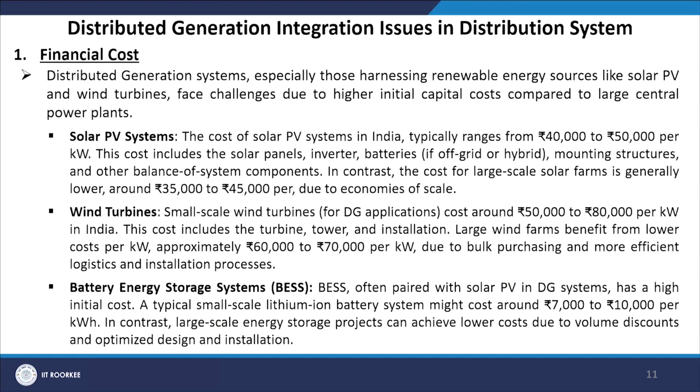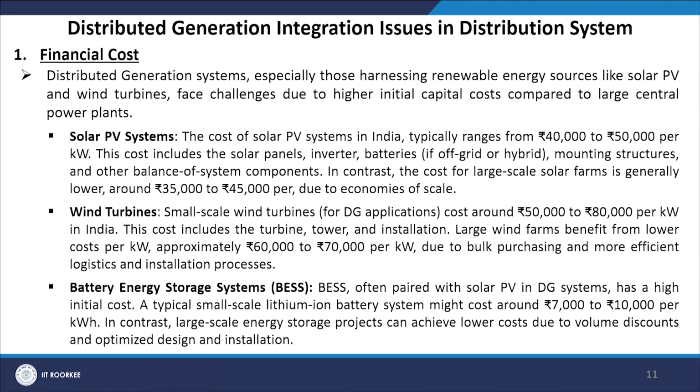In most cases, anything which is available to you through a main grid, which is either coming from a nuclear power plant or hydro or solar from a main system, is reasonably economic. However, the solar PV system is very expensive, but over a period of time, the cost has been reduced drastically. So now it is quite encouraging for all of us to get into solar PV systems with turbines and probably, to some extent, batteries in the next 5 to 10 years.